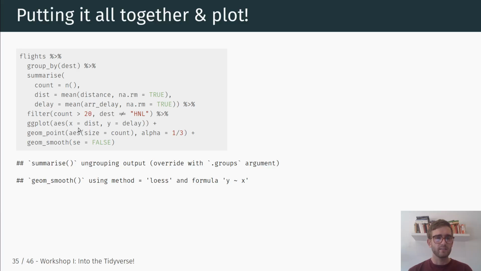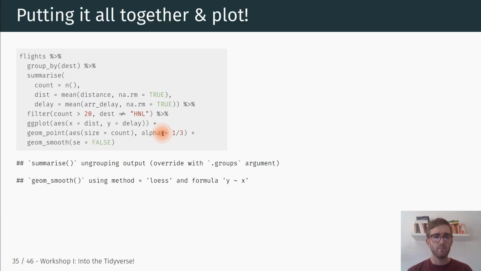Then in the next stage, we add a geometry point where we add an additional aesthetic mapping where size is mapped onto the count. So the point size will now depend on how many planes arrive at that specific airport.